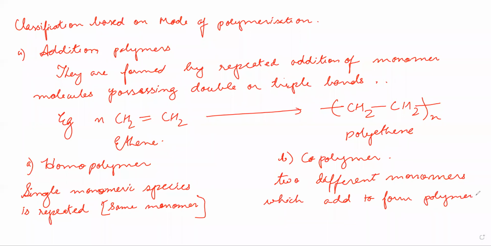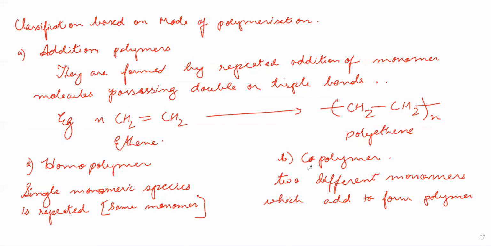So here you have to know the difference between homopolymer and copolymer. Homopolymer is formed by addition of the same monomeric units to form polymer, and copolymer by the addition of two different monomers.